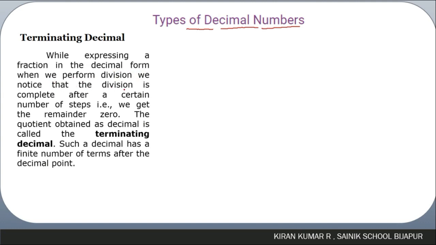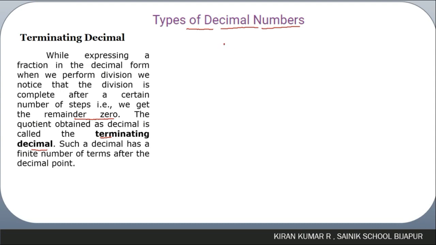We notice that the division is complete after a certain number of steps. That is, we get the remainder as 0. The quotient obtained as a decimal is called a terminating decimal. Such a decimal has a finite number of terms after the decimal point.